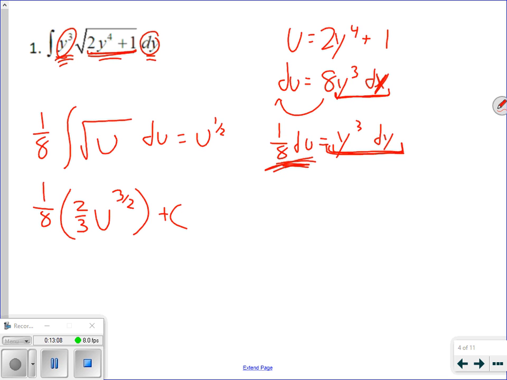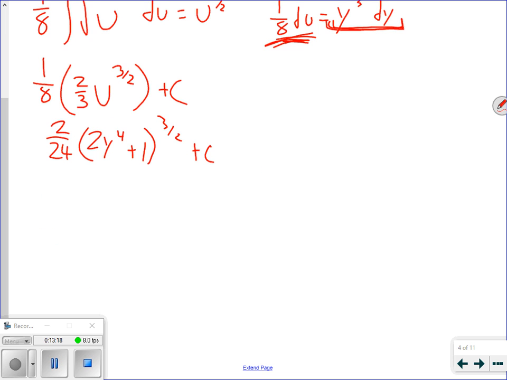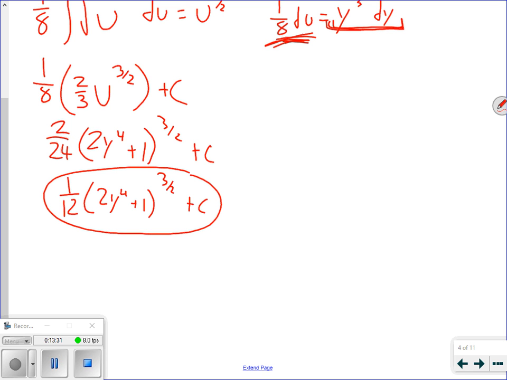So that's 2/24 times u, which was 2y to the 4th plus 1, raised to the 3/2 power, plus c. If you want to simplify, maybe you can say 1/12 times 2y to the 4th plus 1 to the 3/2 plus c. All right? Not bad.